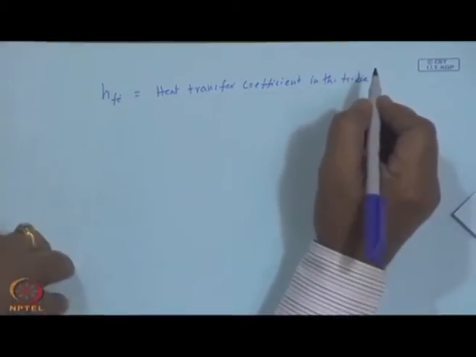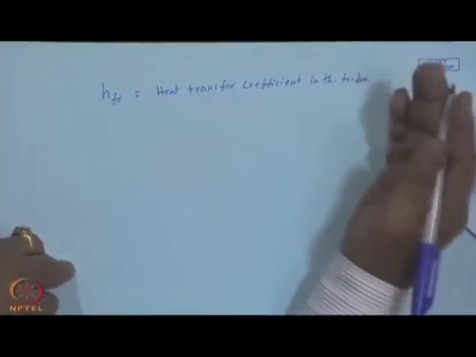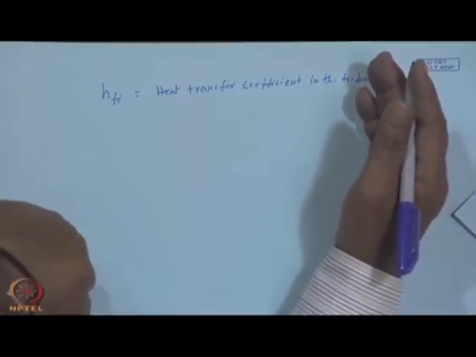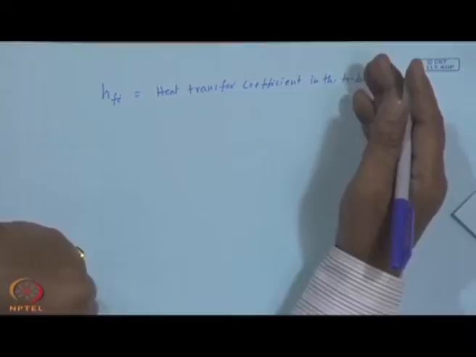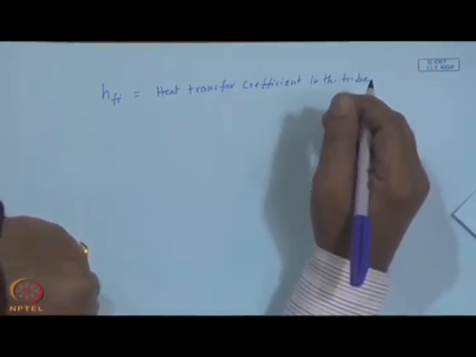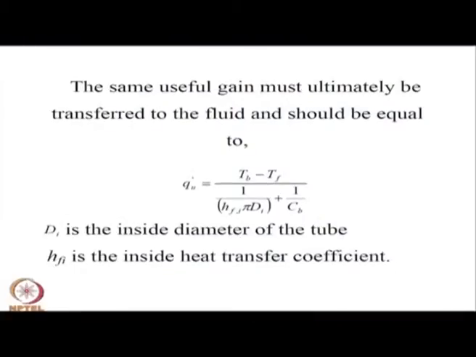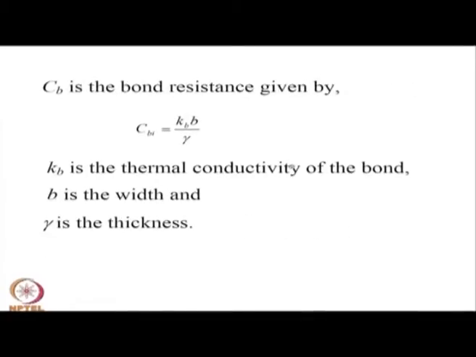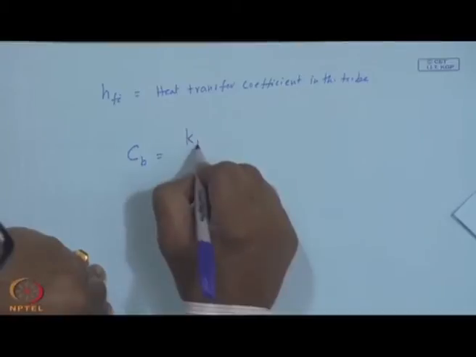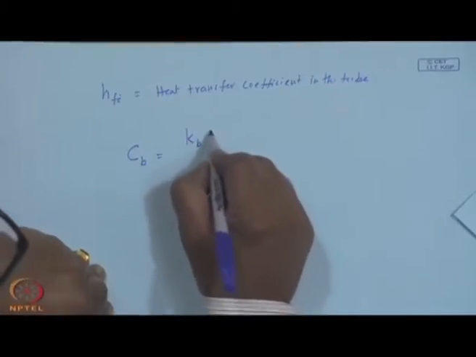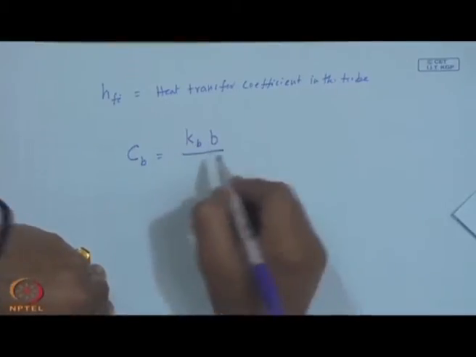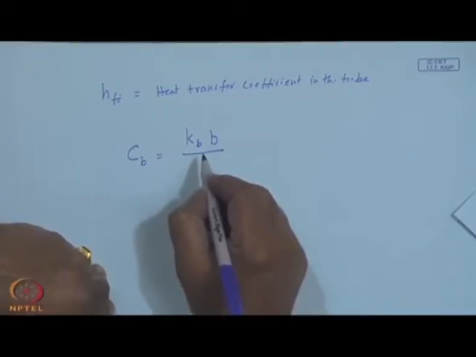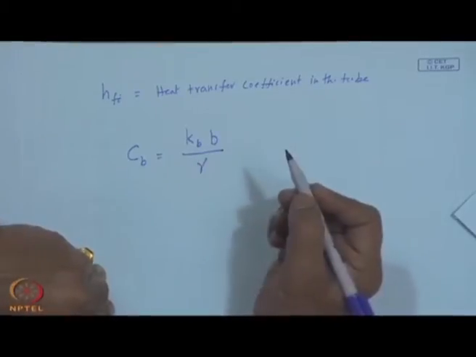If the flow is laminar and fully developed, you have 3.66 for constant temperature and about 4.12 for constant heat flux, but the situation is neither constant temperature nor constant heat flux, so it should be something in between. The bond conductance C_b is given by the thermal conductivity of the bond material, by the width of the bond, by the thickness, where gamma is the thickness.